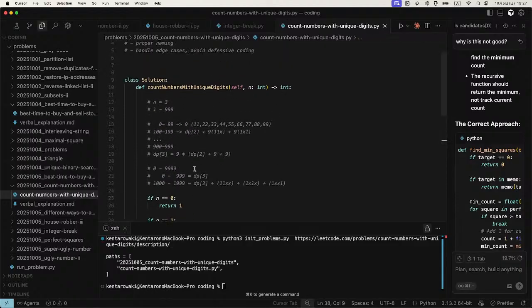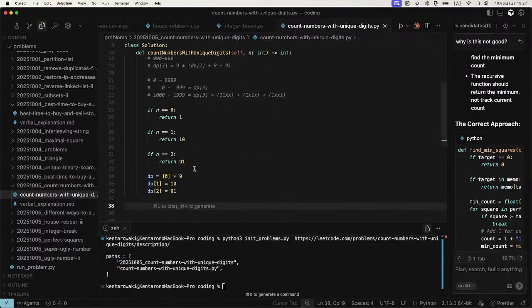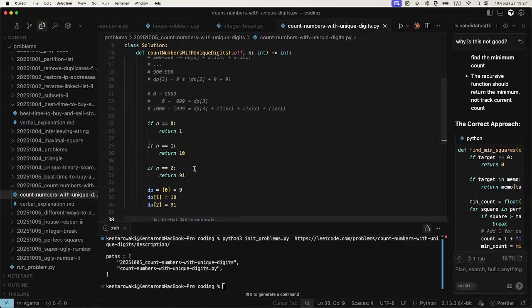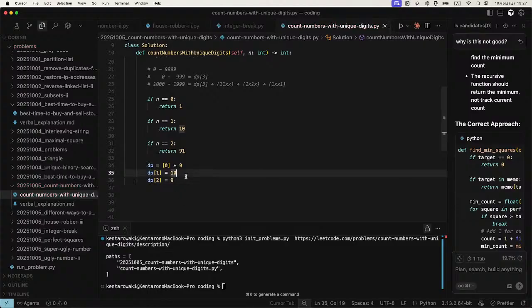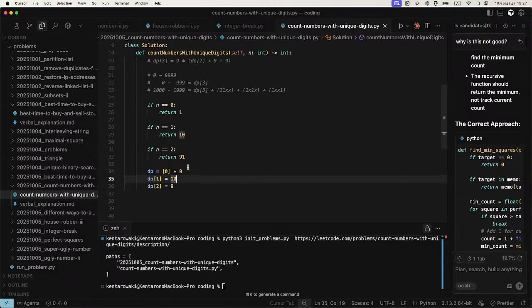It's a unique number. Yeah, we want the number of duplicates. So in this case, 0. Yeah.